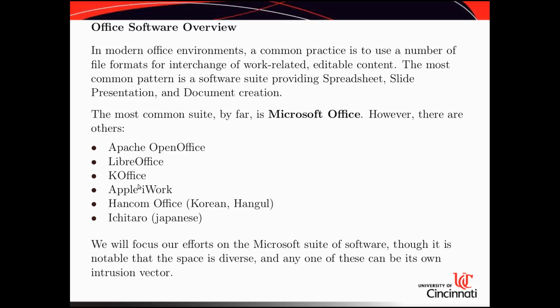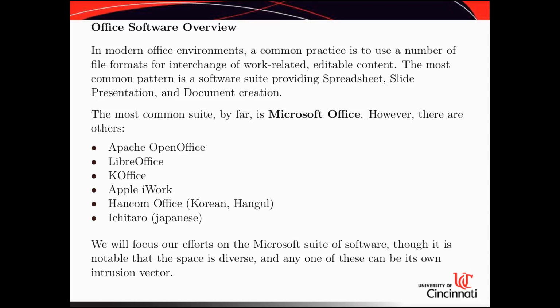KOffice, some of you on the Linux side might be familiar with. Apple's iWork suite is somewhat popular, but in a lot of the business environments I've worked in, even where Apple is popular, they almost always install the Apple version of Microsoft Office.